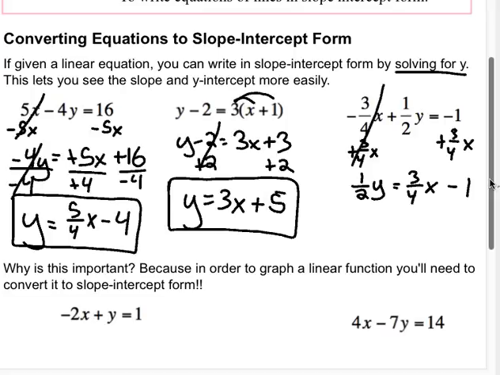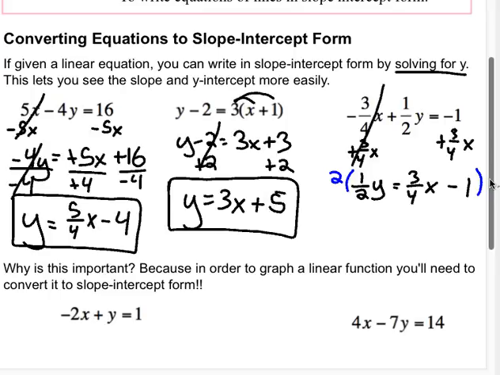Now I need to get rid of that 1/2. Remember, you could divide by 1/2, but that sounds a lot harder than, couldn't I just multiply everything by 2? And that gets rid of the 1/2. So that's how I'm going to view this. I'm going to multiply my whole equation by 2.